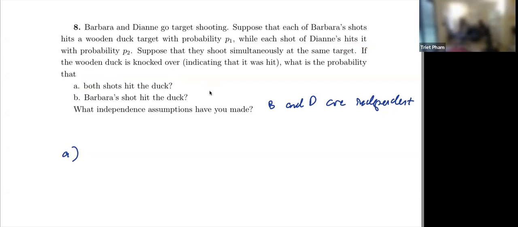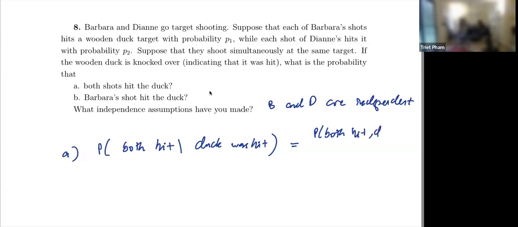So part A is something like the probability that both hit, given that the duck was hit or whatever. Okay, so how would we proceed here? Something like that. But what would the answer be?